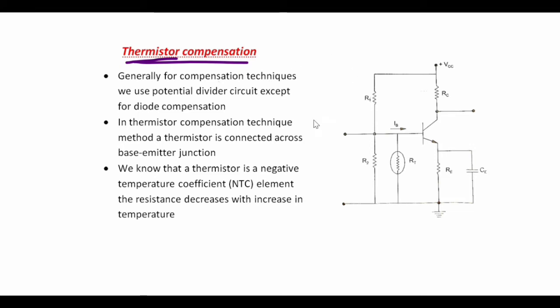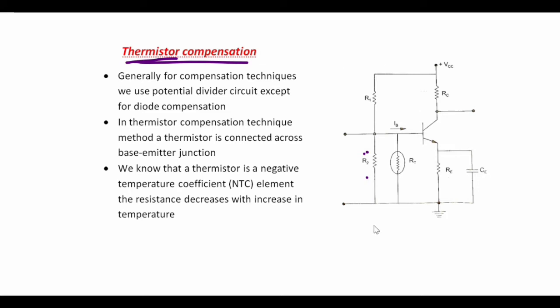In the diode compensation technique, we used a diode here and we hadn't used this thermistor. This is the thermistor, the temperature dependent resistor, and we arranged the remaining circuit in the form of a fixed biasing circuit. We hadn't used this resistor in the diode compensation technique.